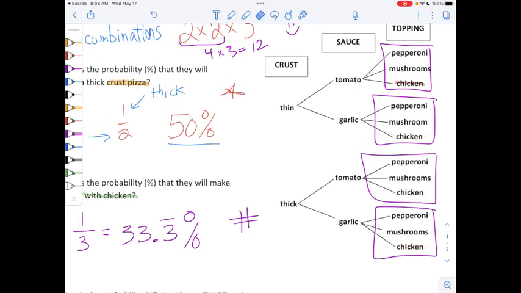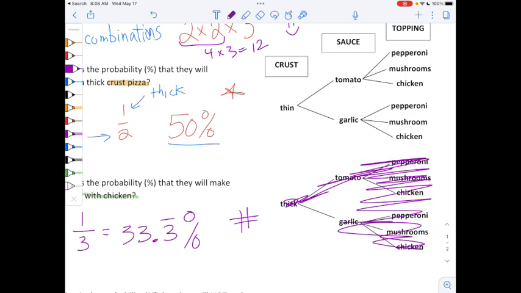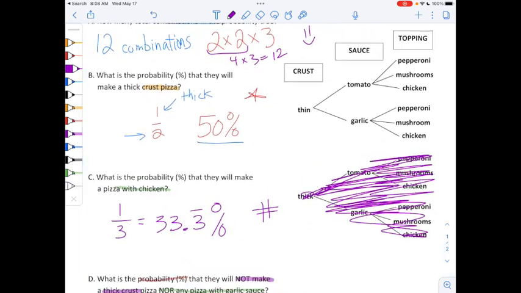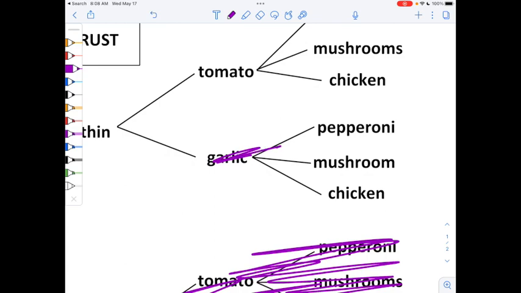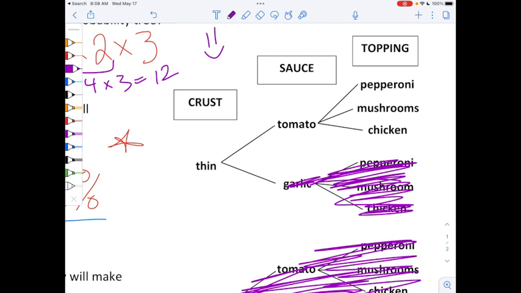If we don't want thick, we have to cross out everything connected to thick. All right, so all of those down here on the bottom are gone. And then I just kind of lost track for a second. We also don't want garlic. So then up on the top, I'm going to find garlic and cross all those out. All right. It looks to me like there are just 3 options left.